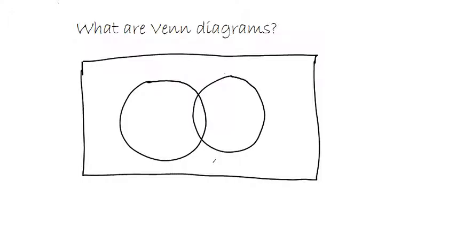So what it represents is each circle is an event, and the intersection of the circles here would be when both events occur.